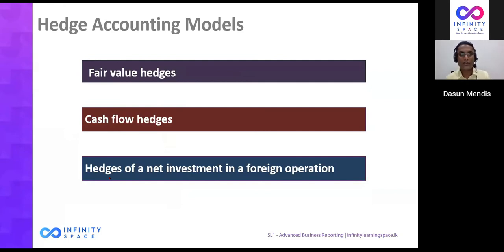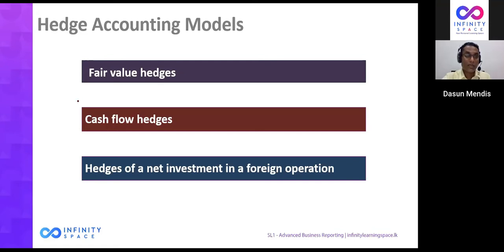When we were going through the other comprehensive income, we looked at a fair value gain or loss with regard to a cash flow hedge. Giving a bit of information about the hedge accounting model, you have 3 hedge accounting models: the fair value hedge accounting model, the cash flow hedge accounting model, and the hedge of a net investment of a foreign operation.